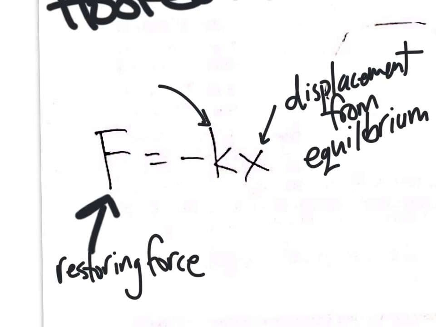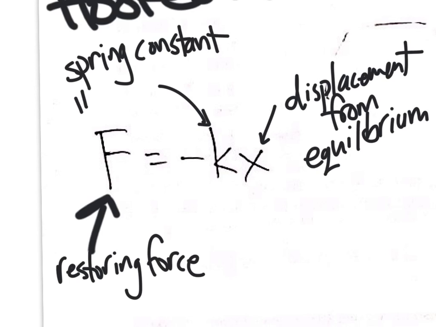That sounds kind of morbid. And then k, this is the spring constant, and the spring constant is a measure of the springiness. Springiness. That's totally a word. You should ask your English teacher.